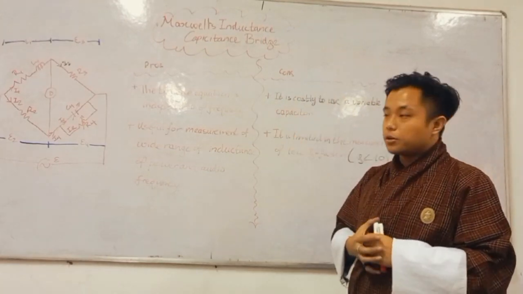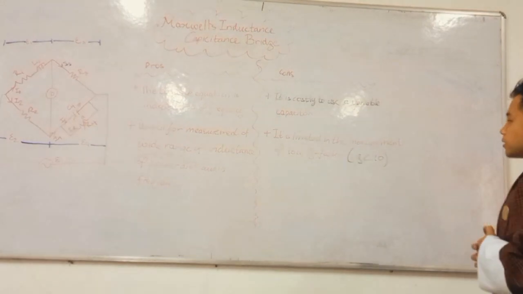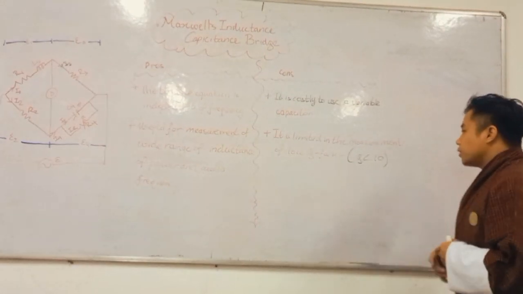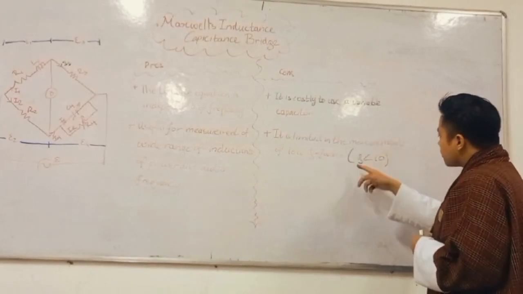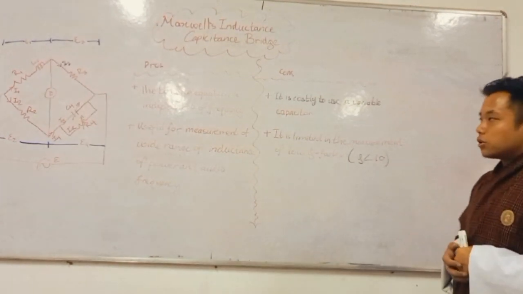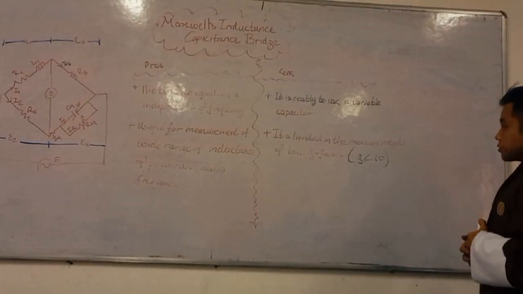Second disadvantage of this bridge is that it is limited in the measurement of low quality factor, meaning a quality factor less than 10, which it is not effective in measuring. So it is limited in measurement of low Q factors.